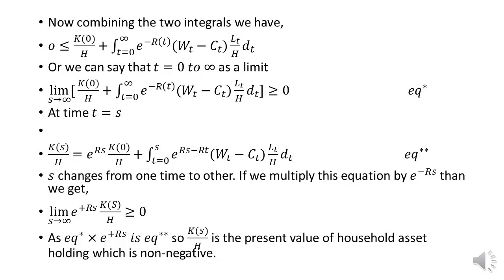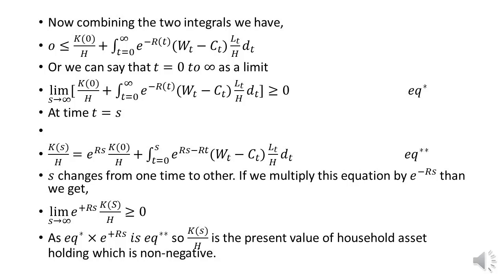So if we multiply this equation by e raised to power rs, we can then have this equation which says limit s approaches infinity, e raised to power rs into k at time s over h.